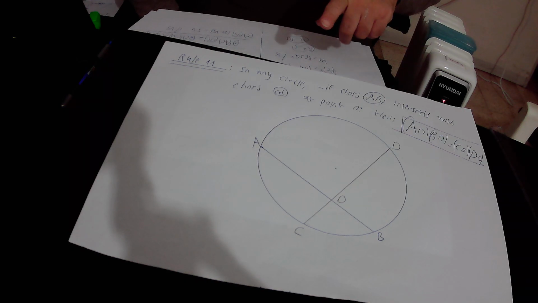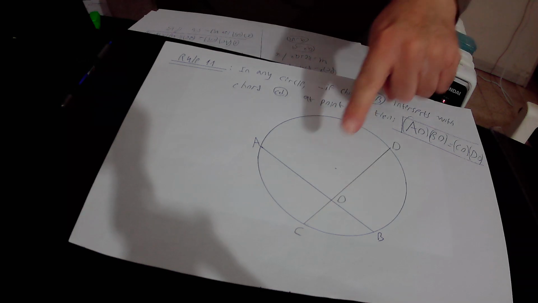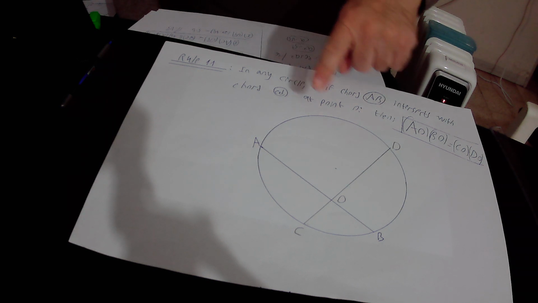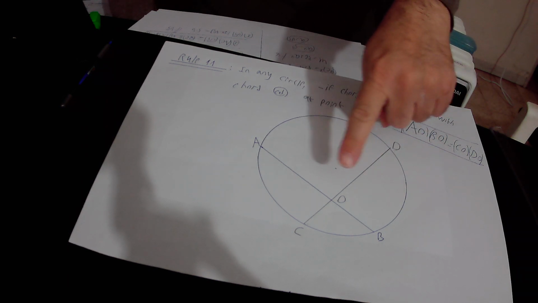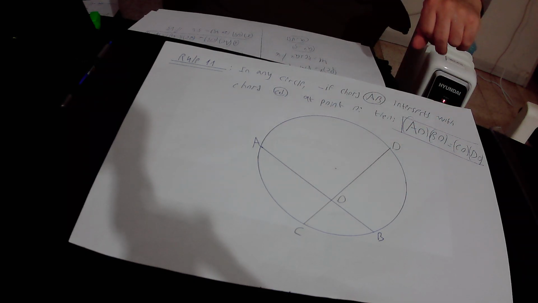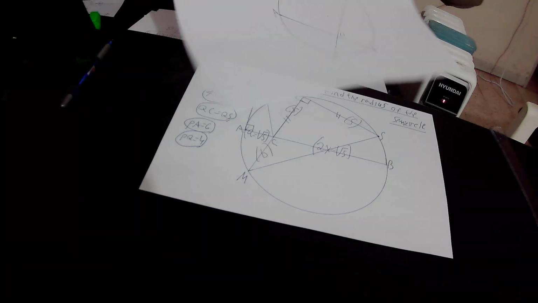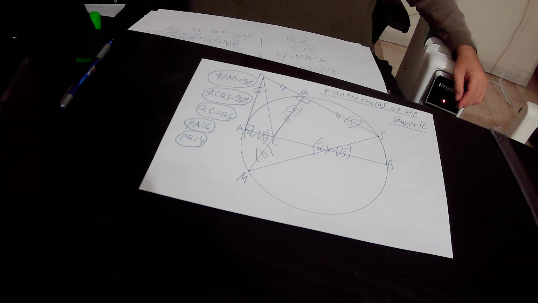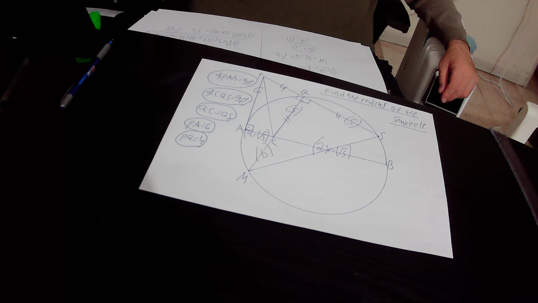Here, if chord AB intersects with chord CD at point O, whenever you have two chords that intersect with each other, then the following equation is true: AO times OB equals CO times OD. Again, AO times OB equals CO times OD. We can implement rule number 11 in our drawing.